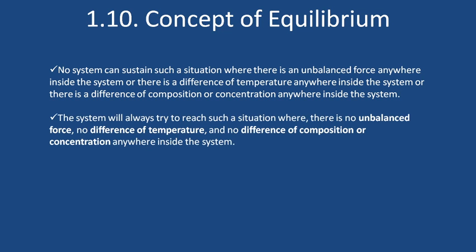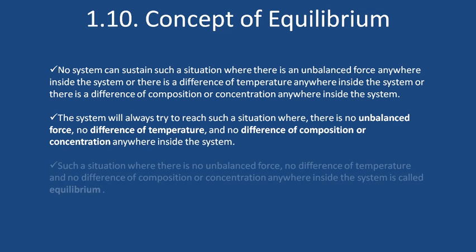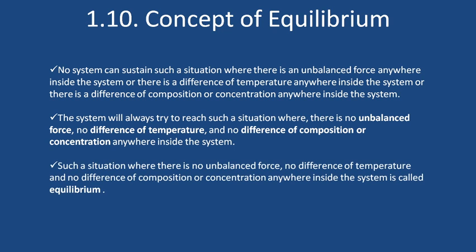Such a state of the system, where there is no unbalanced force, no difference of temperature, or no difference of composition inside the system, is called equilibrium. Then we say that the system is in equilibrium.